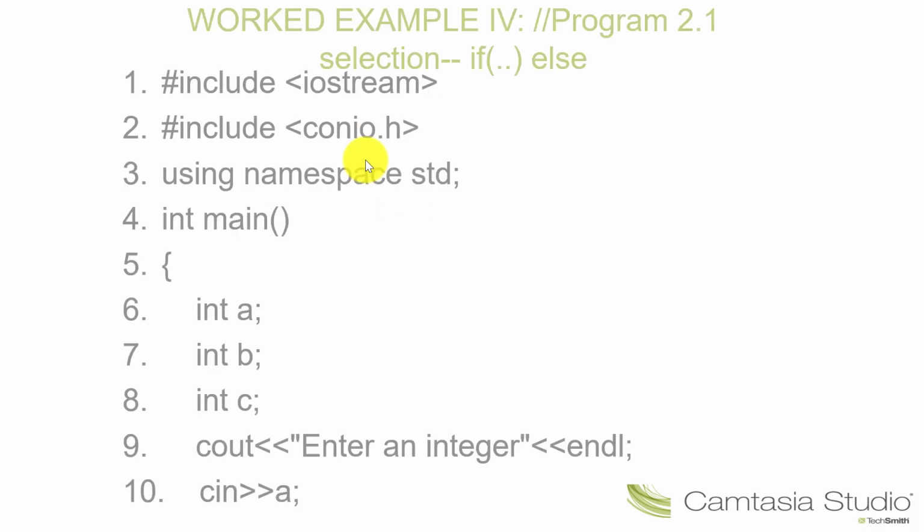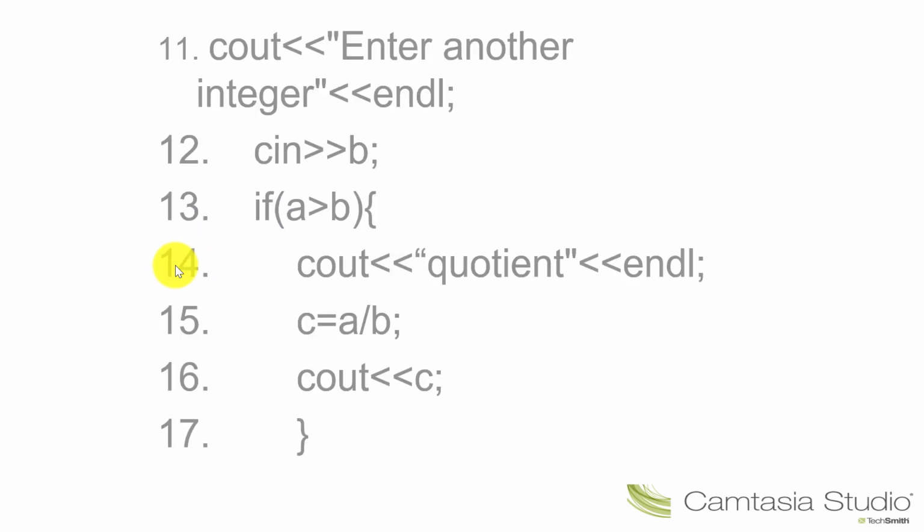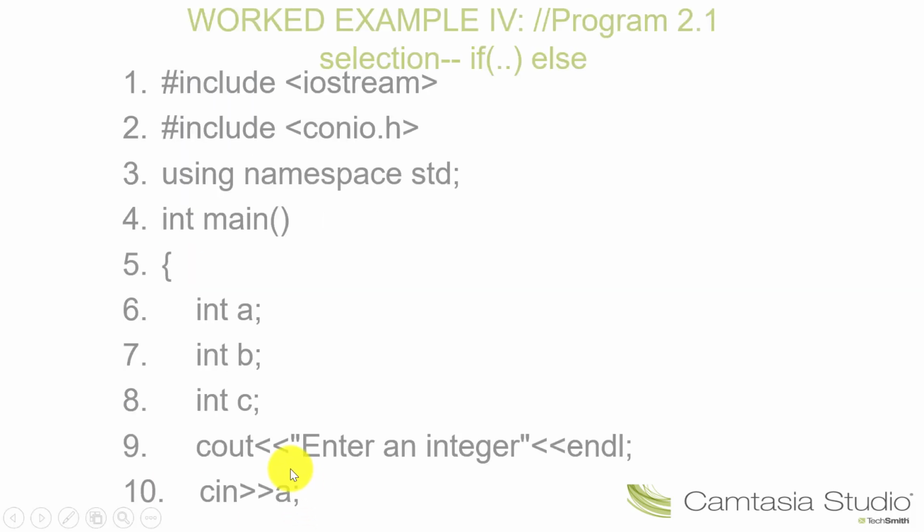Now let us analyze this particular program line by line. As we have already seen from previous videos, these first three statements are libraries. The fourth statement is the header of our function, and the fifth statement is the opening curly bracket, which is closed with the curly bracket at line number 17, the start of the paragraph and the end of the paragraph.